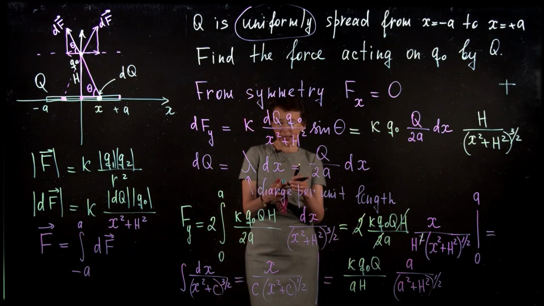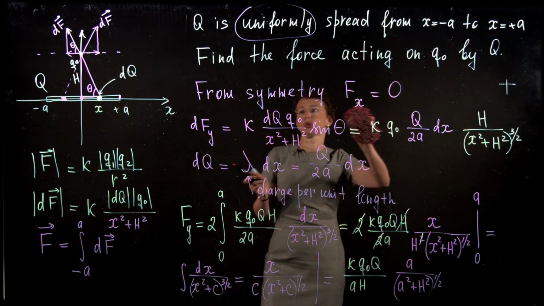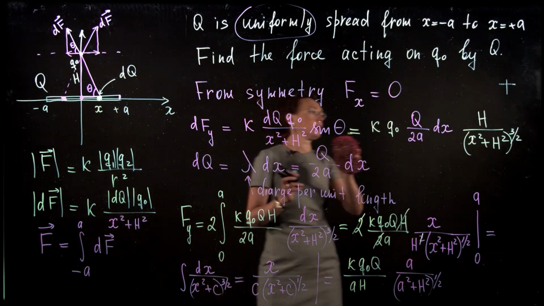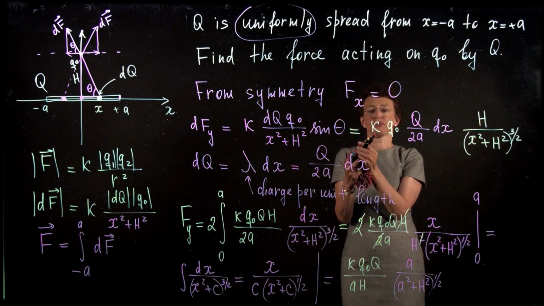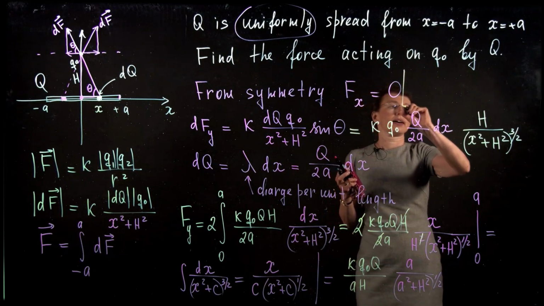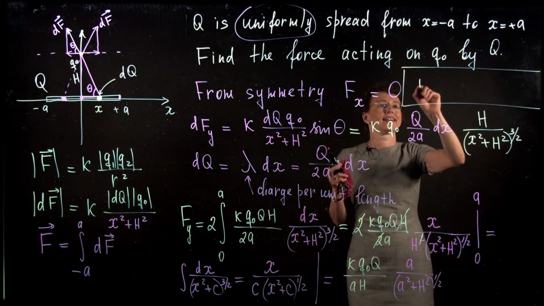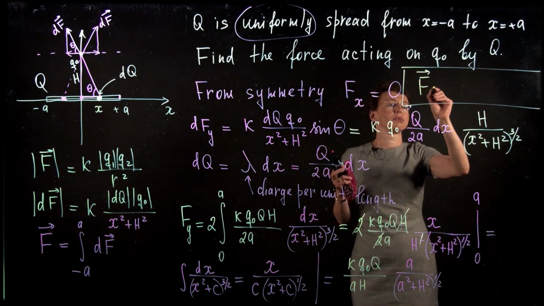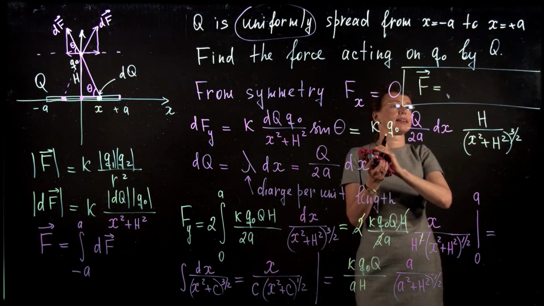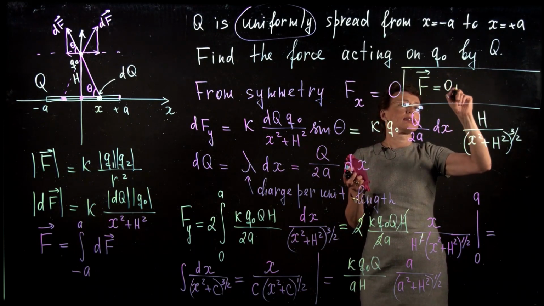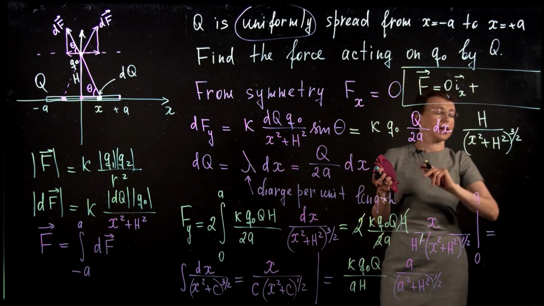So the resultant force acting on q naught by q will be equal to, I will write it right here. So the force exerted on q naught will be equal to 0 i in the x direction. You can skip it. You don't need to write 0 as the x component.